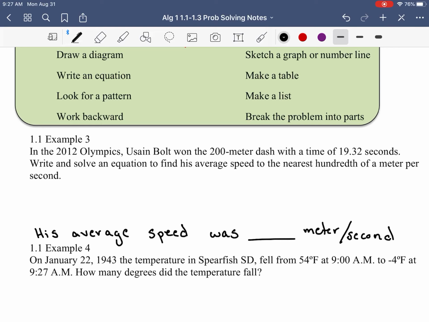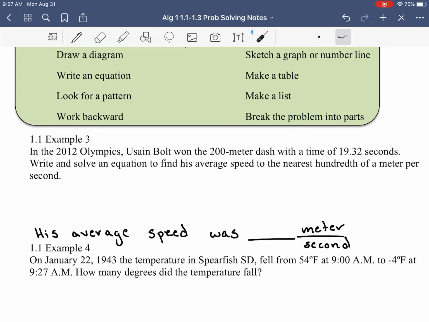I'm going to write it as a meter per second. Just by writing my answer this way, we have meters over seconds, so to find this, I need to take my meters and divide it by my seconds.